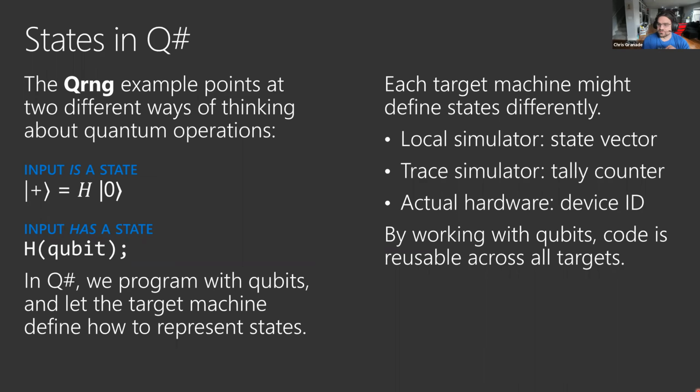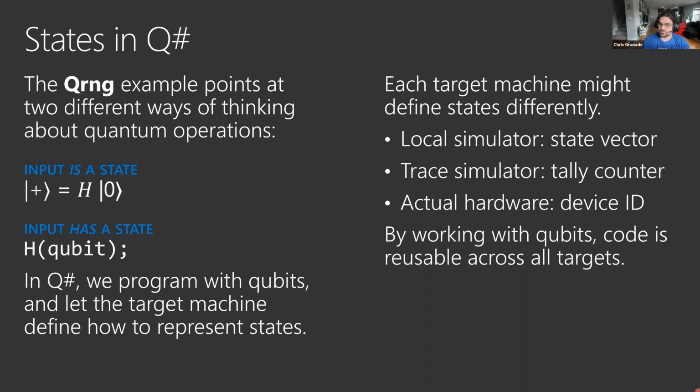States aren't a part of the language. We instead think of passing a qubit to H, the instruction. And that means that each target machine can define what a state is, or define what a qubit is, in an entirely different way. So if I run the classifiers we've seen so far on a local simulator, then that simulator keeps the state vector there, exactly as you're used to from anything else in quantum information, as an implementation detail inside the simulator.